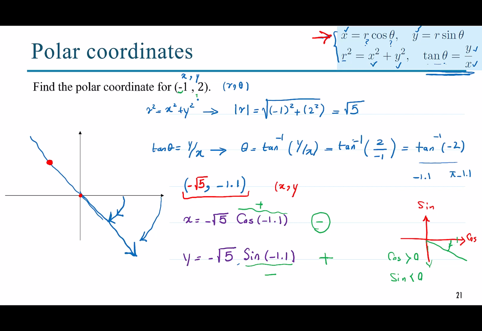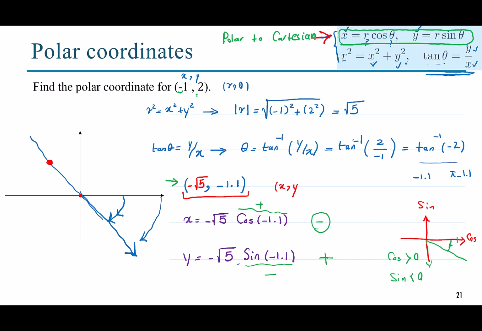Now you can see if we want to do it the other way around as we did here, we are going to use the first two formulas up here. So this is for polar to Cartesian. And you understand why we use it. When we have a polar coordinate, we have r and we have theta, so it's easy to find x and y based on that.